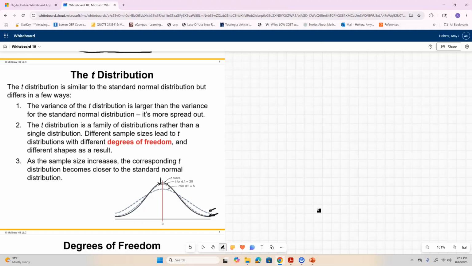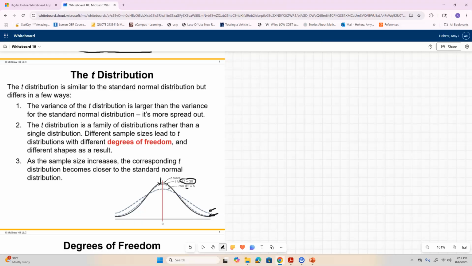And there is no single T distribution. The T distribution is adjusted based on the sample size. So the larger the sample size, you notice here we have degrees of freedom 20, that's related to the sample size. That dotted curve that indicates DF equals 20 is closer to the black Z curve.